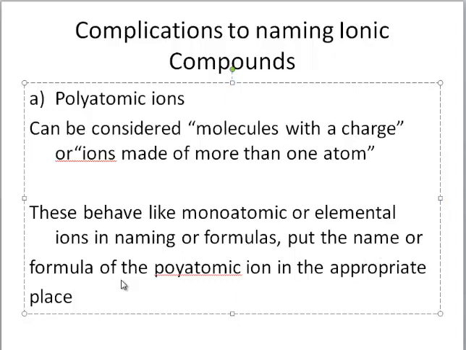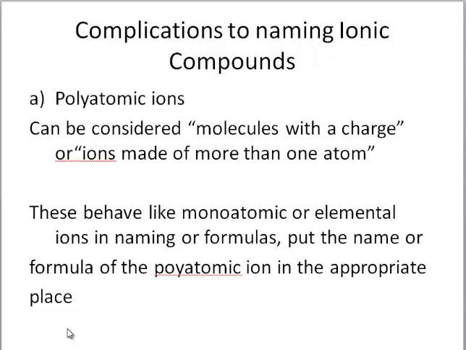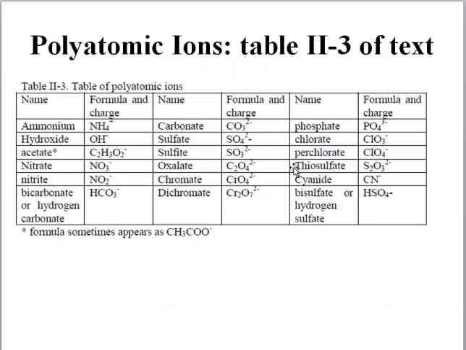Put the name or formula of the polyatomic ion in the appropriate place. Polyatomic ions appear in Table 2.3 of the text, and you'll be responsible for knowing the contents of this table.